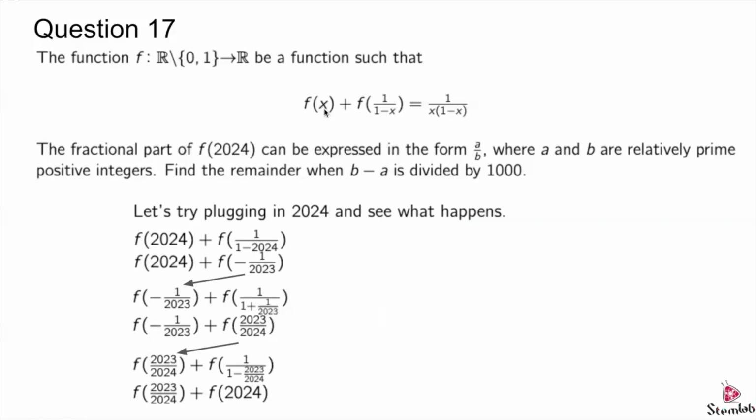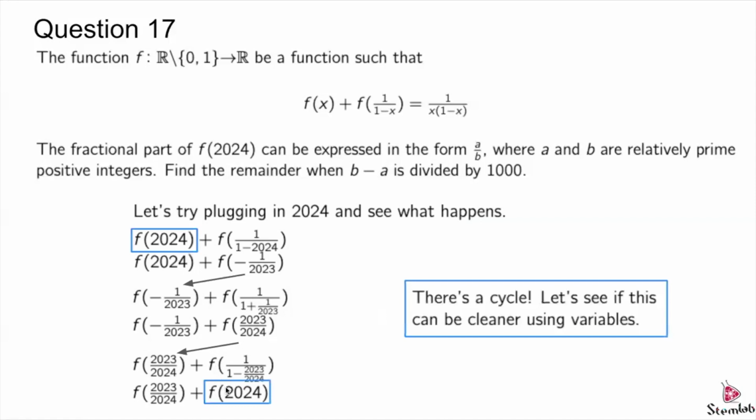Okay, if we follow the pattern that the first input is x and the next input is 1 minus 1 over x, there is a cycle where we get 2024 back. It also turns out that if we add the first pair of inputs and the third pair of inputs and subtract the second pair, the other terms cancel and we're left with 2 f of 2024.